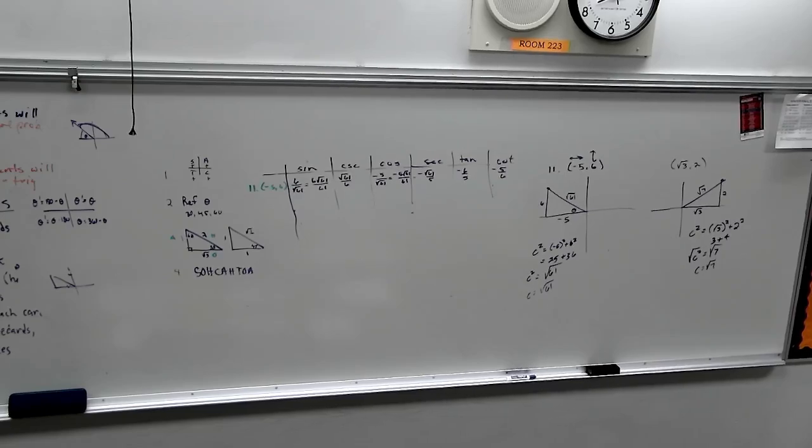So I get 4 root 5 on the top. Well, what's root 5 times root 5? And what's 5 times 2? So that's why it's a 10. Now always reduce if you can. Again, no decimals on any answers.